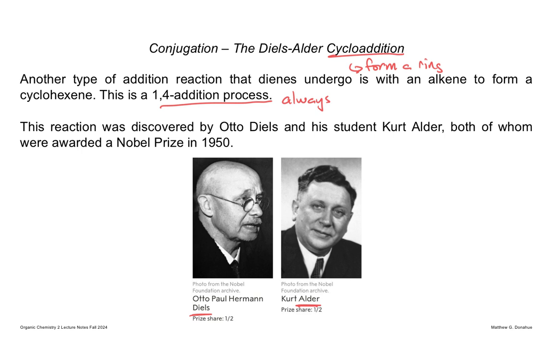I'll have slides with a lot of these Nobel Prize winners because when a group of scientists is recognized with a Nobel Prize, whether you believe this or not, it really impacts everyone on planet Earth's life. This reaction is so well utilized that you can open any journal and there will be a Diels-Alder reaction in that journal.